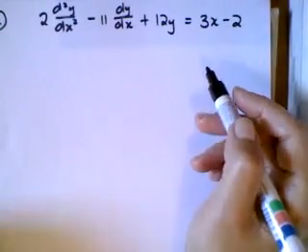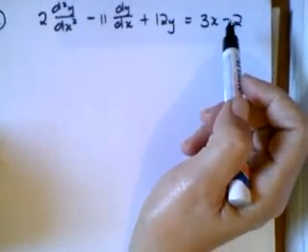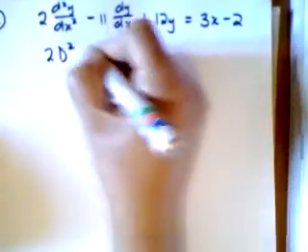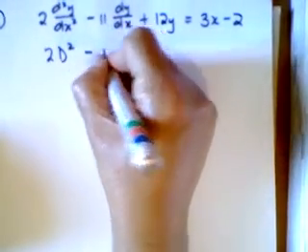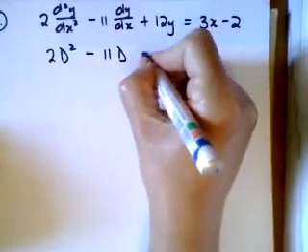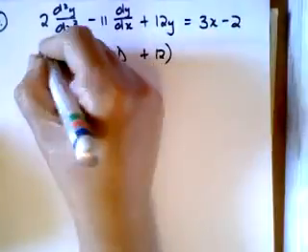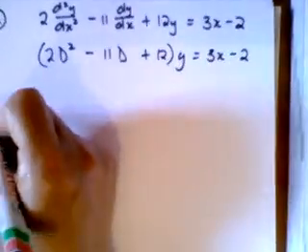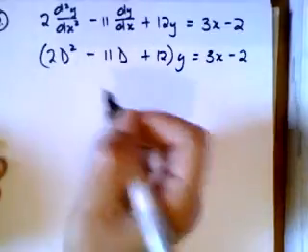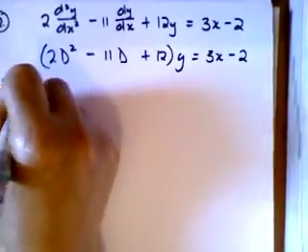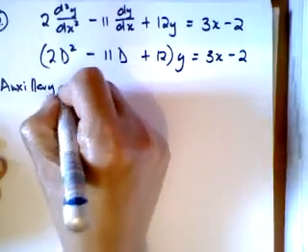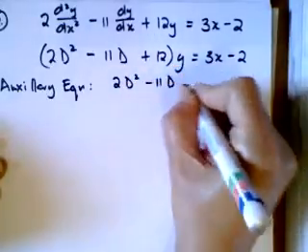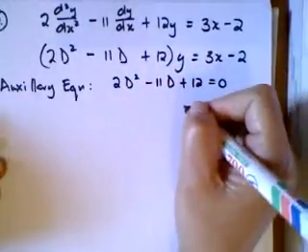Right? So let me change this again into the D operator form so that it's a bit easier to work with. So we've got 2D squared minus 11D plus 12 times y equals 3x minus 2, right? So we are going to look at the auxiliary equation, which in this case is 2D squared minus 11D plus 12 equals 0, right?